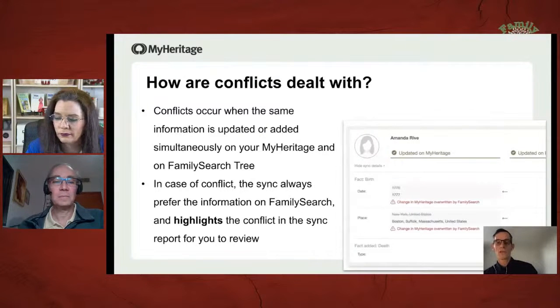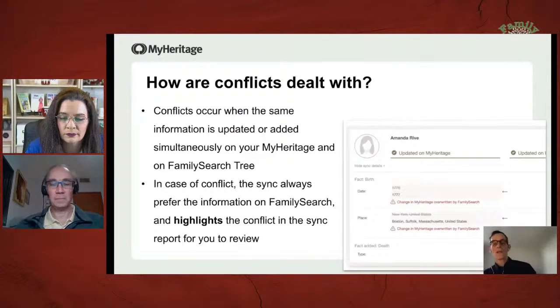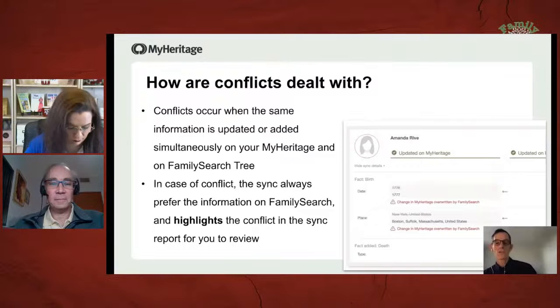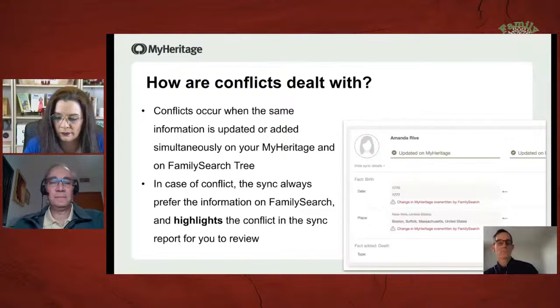We don't want to lose anything that was done by other people. And so the changes that happen on FamilySearch will prevail. And the report that we just mentioned highlights those particular issues, so you can look and see what the problem was and deal with it accordingly.